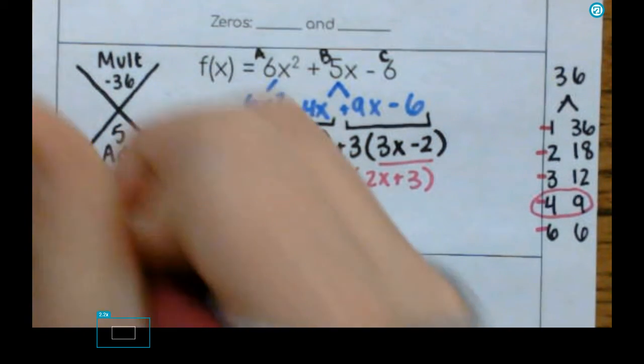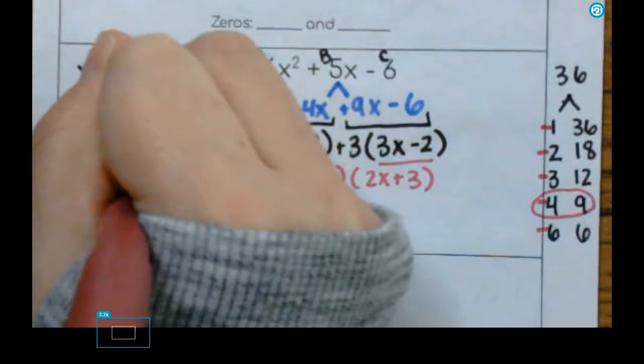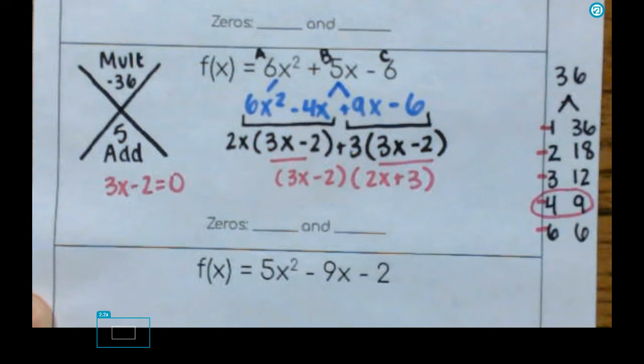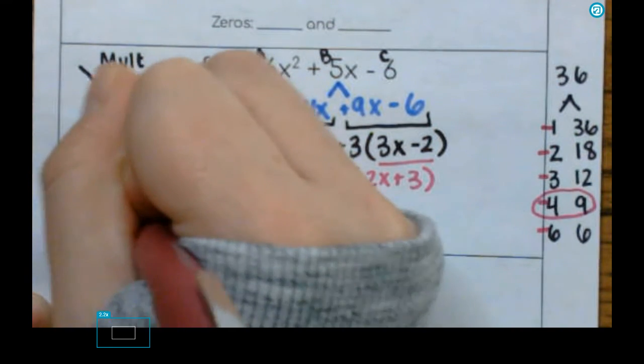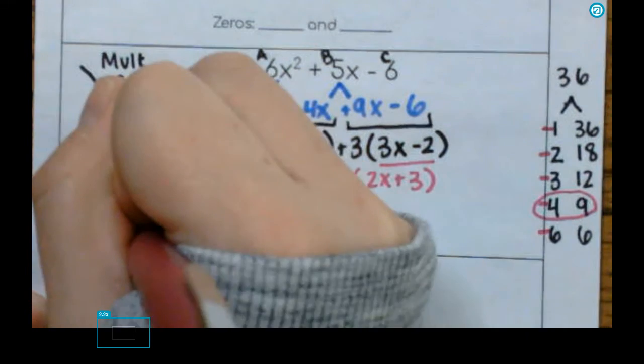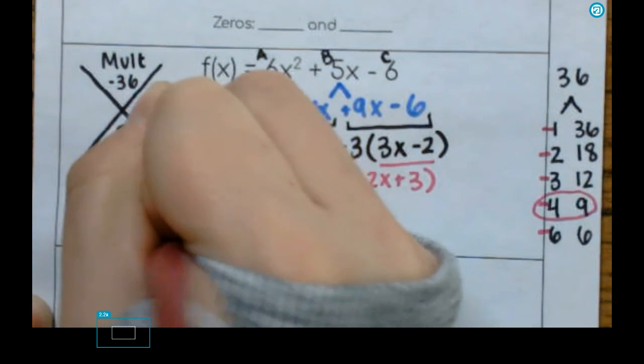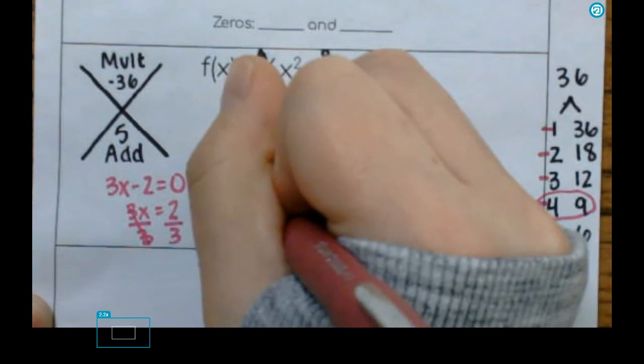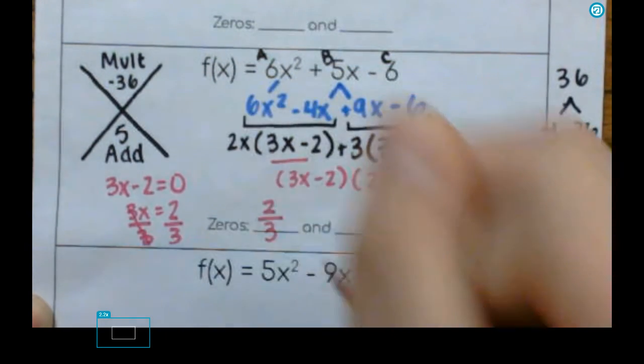Okay, so 3x minus 2 equals 0. I can add 2 to both sides, and that's going to give me 3x equals 2. And I can divide both sides by 3. And that's going to give me x equals 2/3 is going to be my first answer.